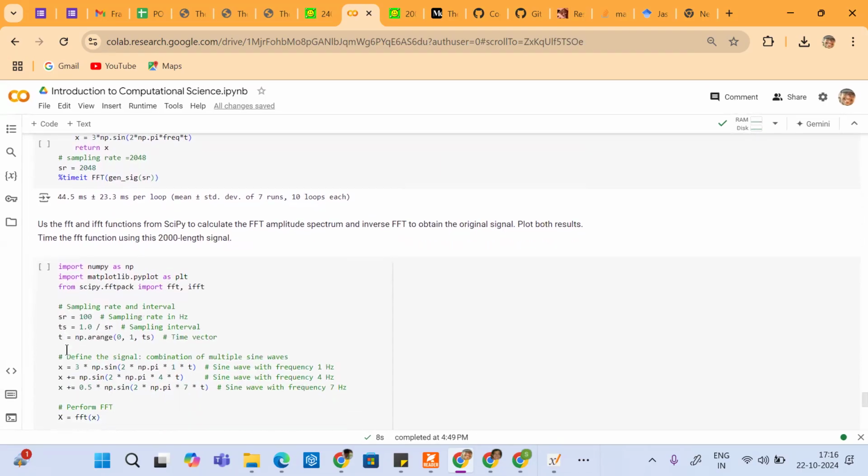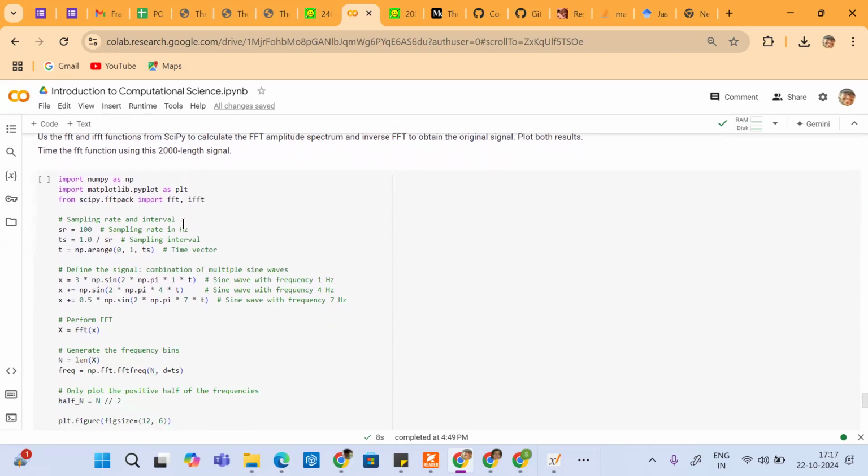And you can actually use SciPy, the functions FFT and IFFT. FFT is fast Fourier transform and IFFT is the inverse fast Fourier transform. These functions come from the SciPy fftpack, there is an fftpack in Python. From that pack, you bring out FFT and IFFT.